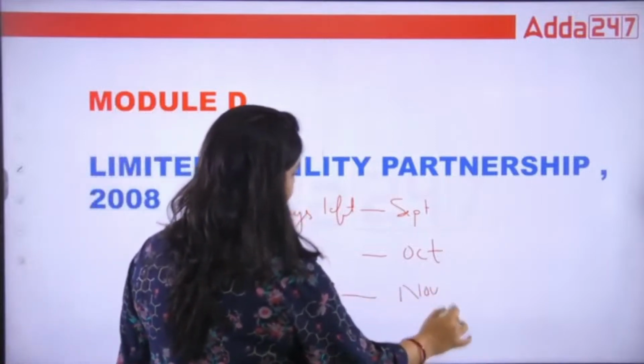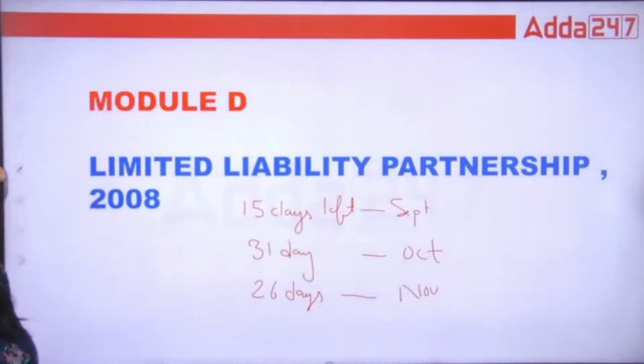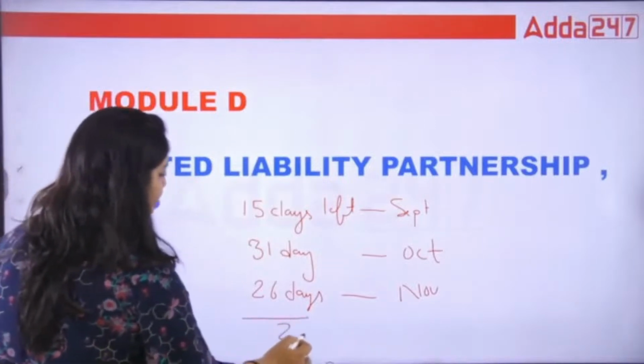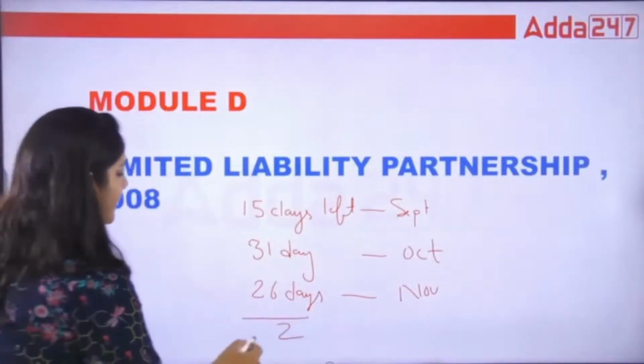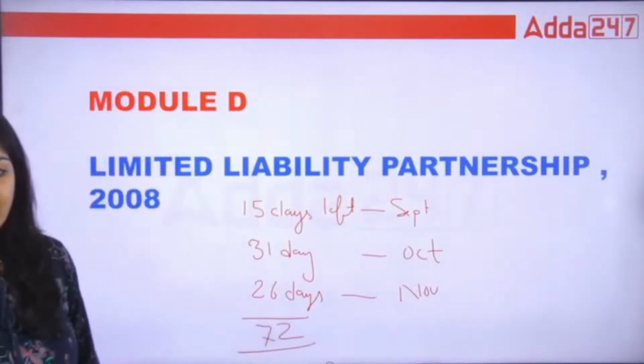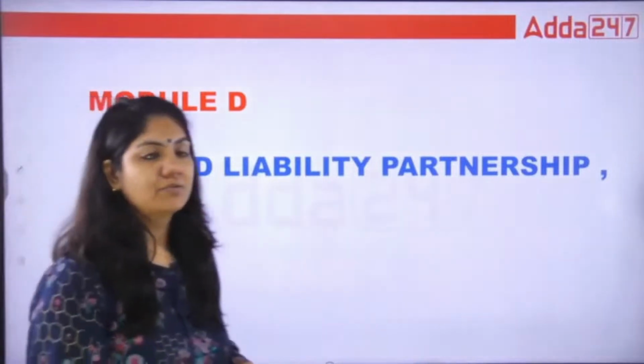Because from the 26th of November, your CAIIB exam is there. So in total you have 72 days left for your exam. In 72 days, just try to follow the steps which are given by me.